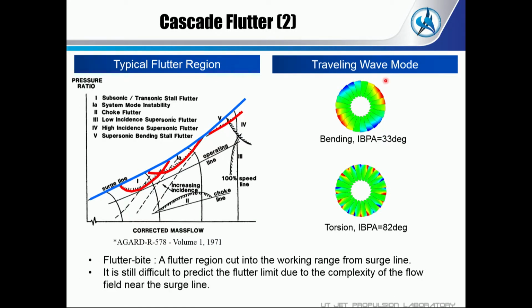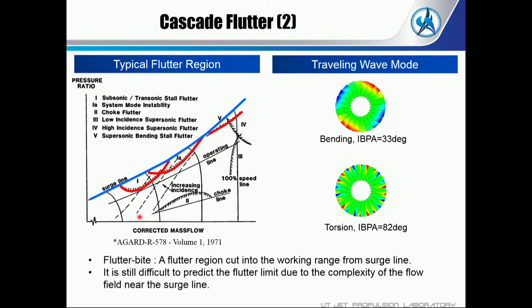And this is the same chart as the previous one. Sometimes we have a limitation of the operating range by a flutter problem.